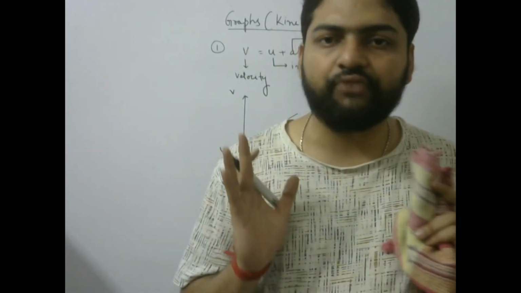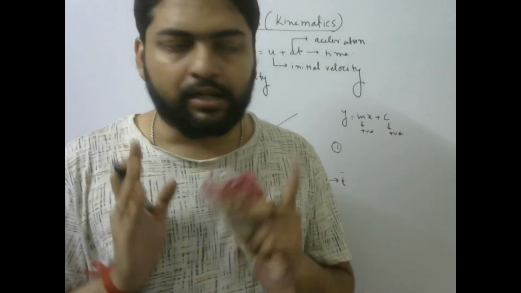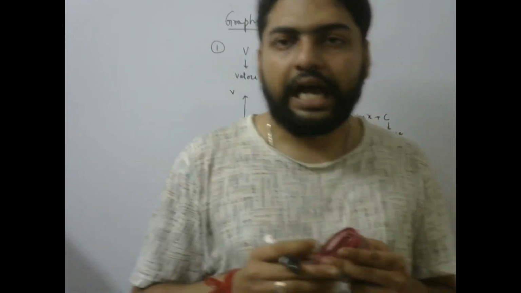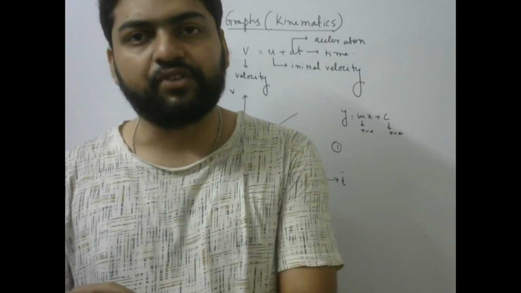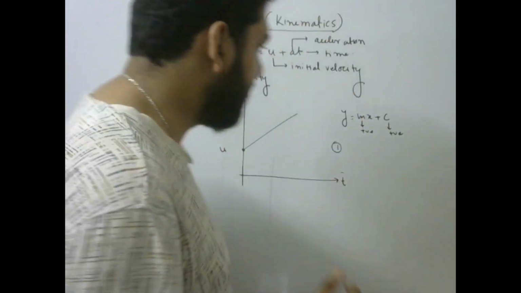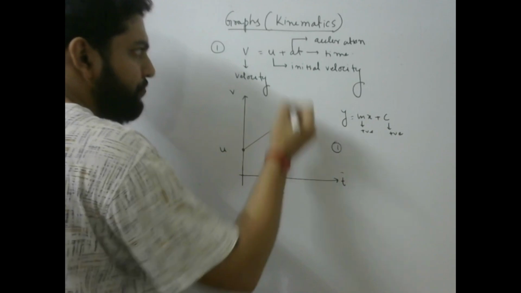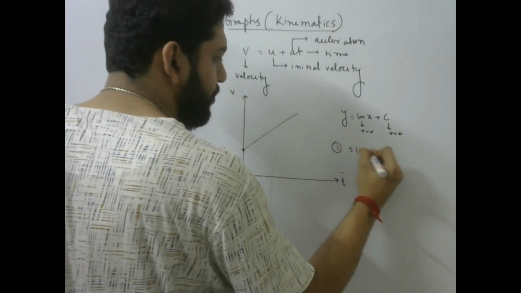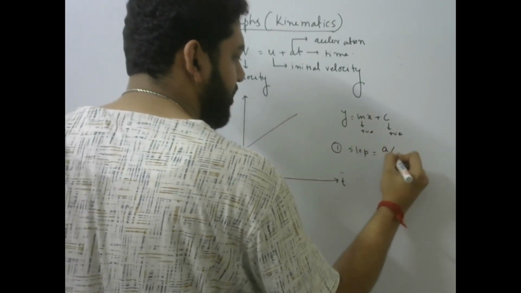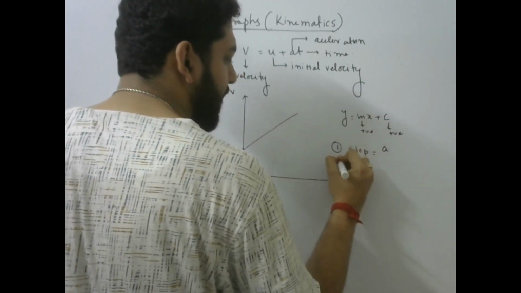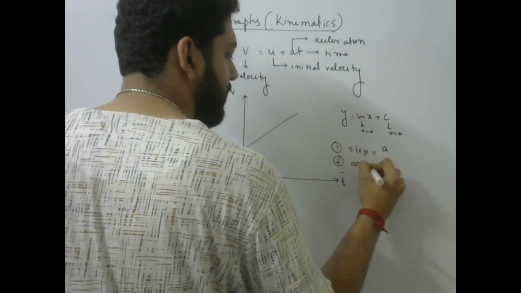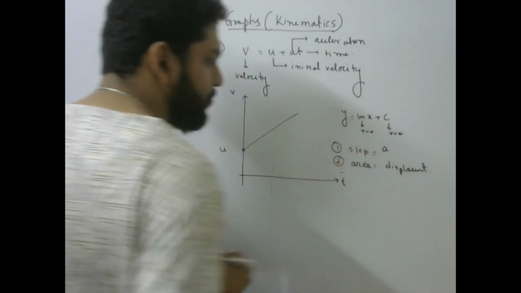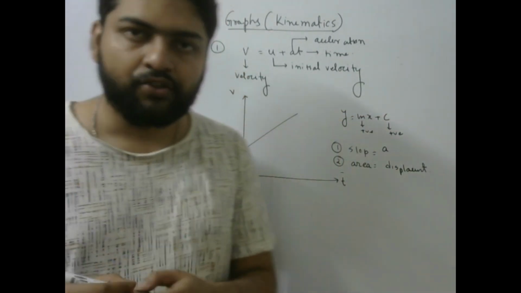Now we need to understand which physical quantity is represented by the slope and which by the area. From the velocity-time graph, one, slope is equal to acceleration a, and two, area is equal to displacement. So this is your VT graph.